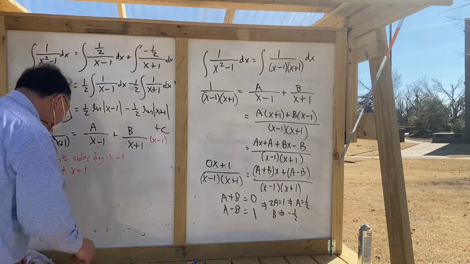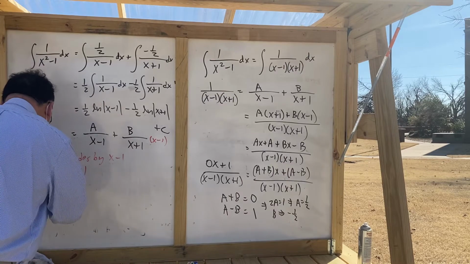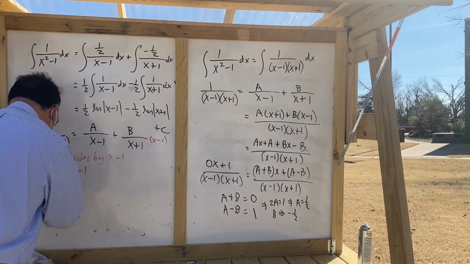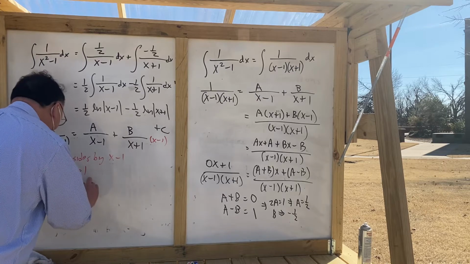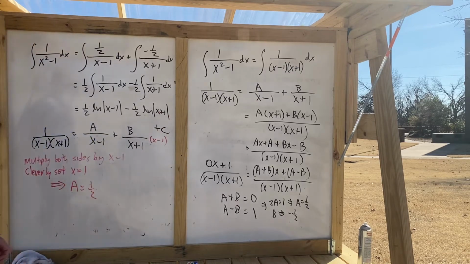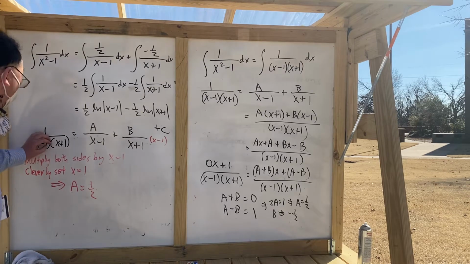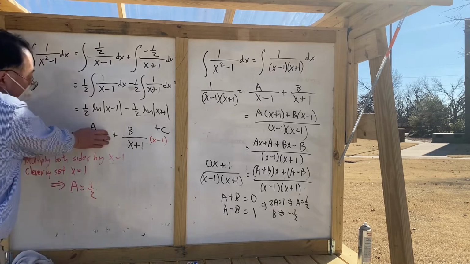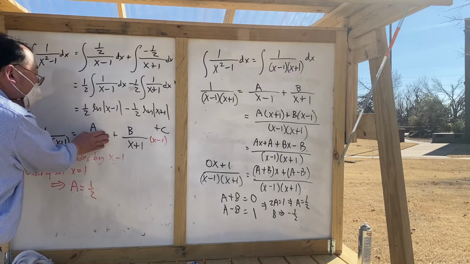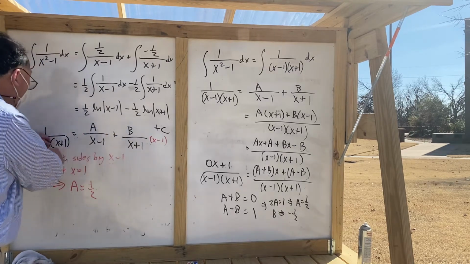So this leads to a is equal to 1/2. I didn't have to solve equations in unknowns. I multiply both sides by x minus 1, cover this up, cleverly set x equal to 1, this goes away, and I get a is equal to 1/2.